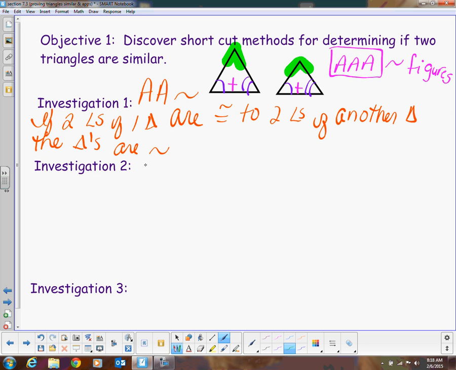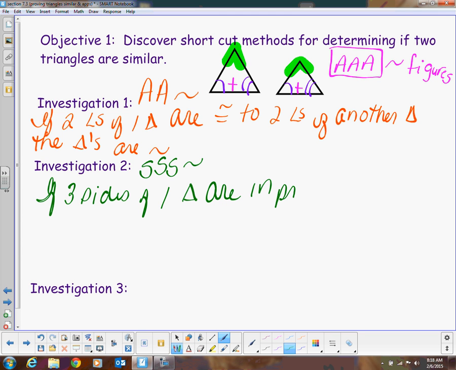Investigation number 2 is side, side, side. Now look, you've got to put the little similar figure, otherwise you're speaking congruence. This says if 3 sides of one triangle are, what's the relationship on sides?